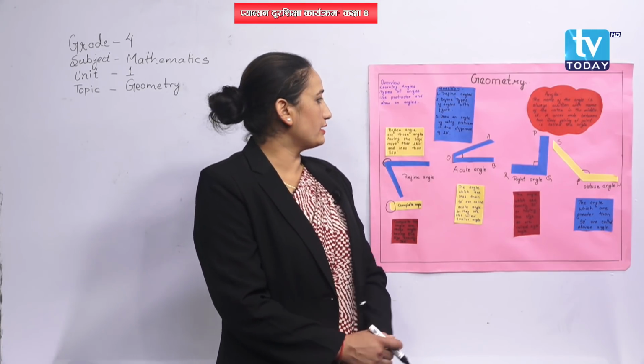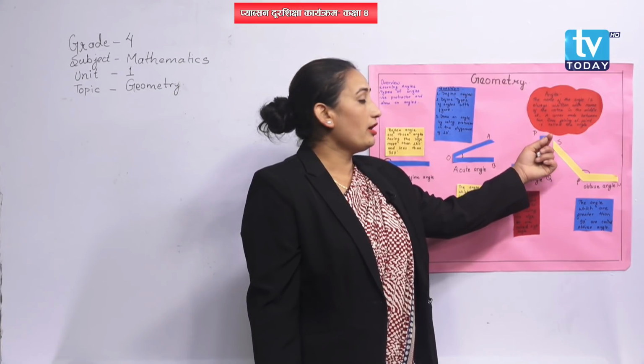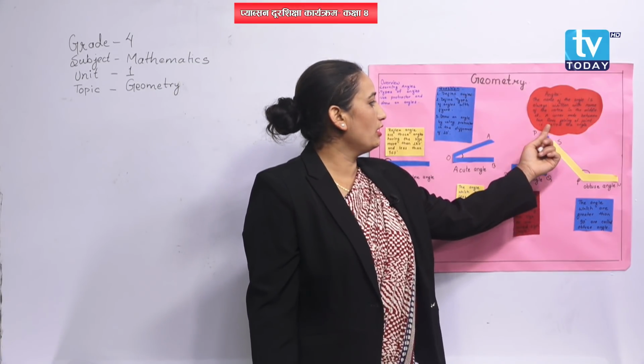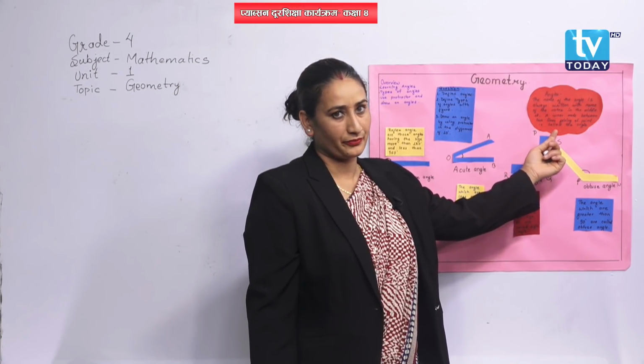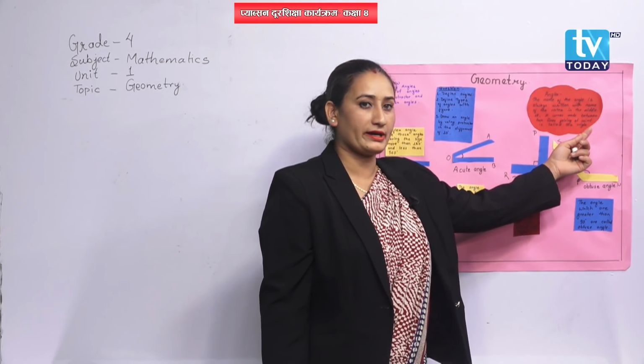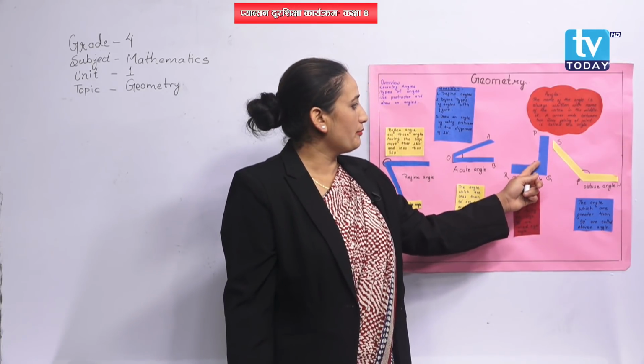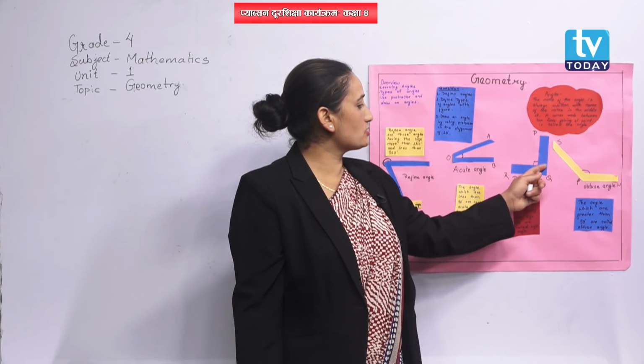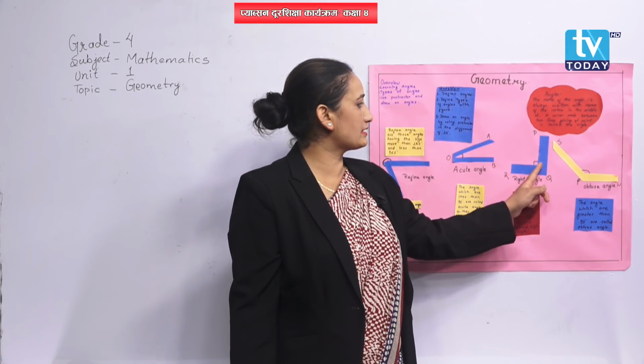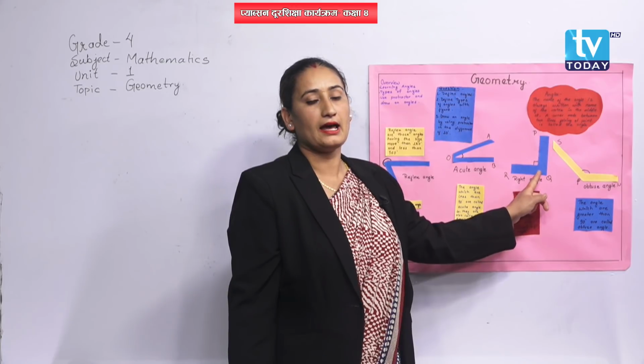Now see here. An angle is a corner made between two lines joining at a point.